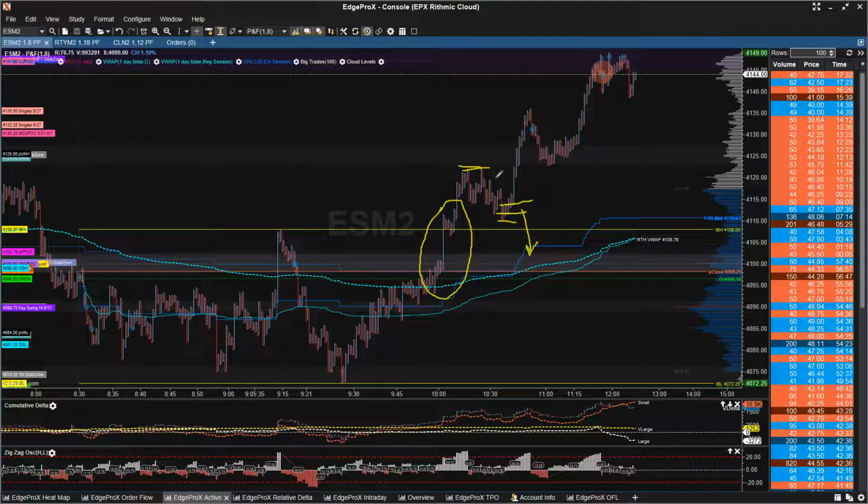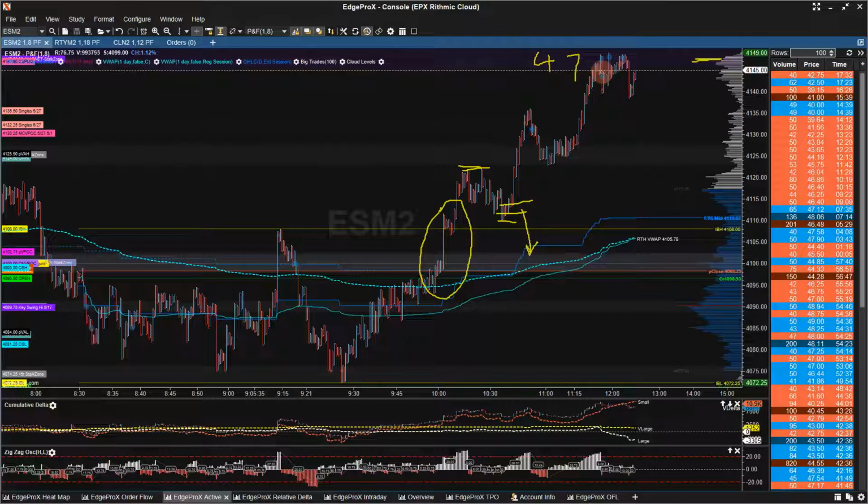So in this case, I'm looking for 41.22, I'm looking for 24.5, looking for 35, and then the ultimate is the magnet at 47, to which I said in the chat room, if you go look, I said, 4147 is the CVPOC in the region and the key target for any longs in today's session.